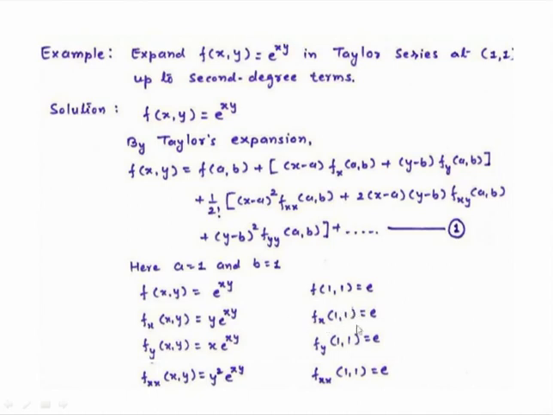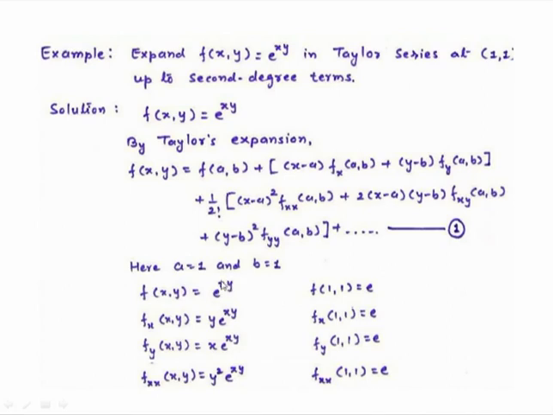Now we substitute x is equal to 1 and y is equal to 1 in the partial derivative of f with respect to x. So we again get e to the power 1 into 1, so e. Then we find the partial derivative of f with respect to y as e to the power xy into x, because we have to assume this as the variable.